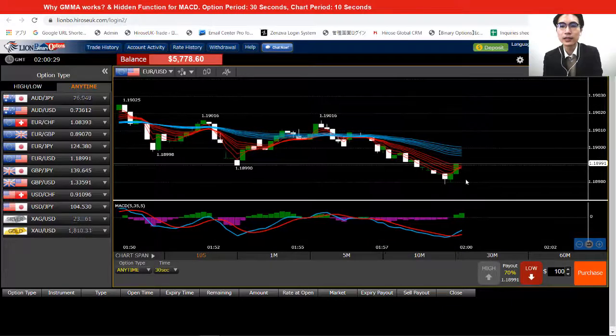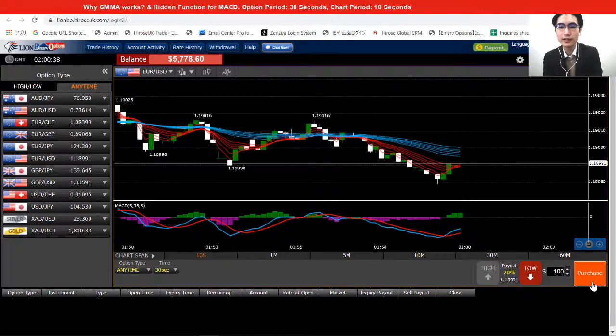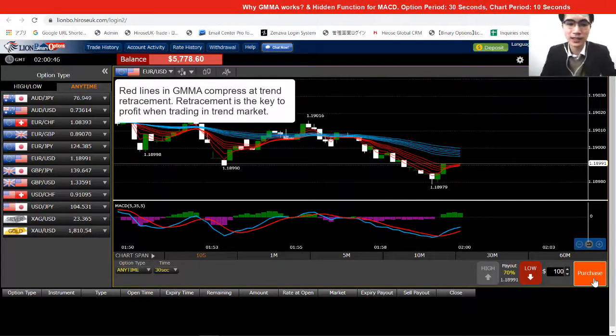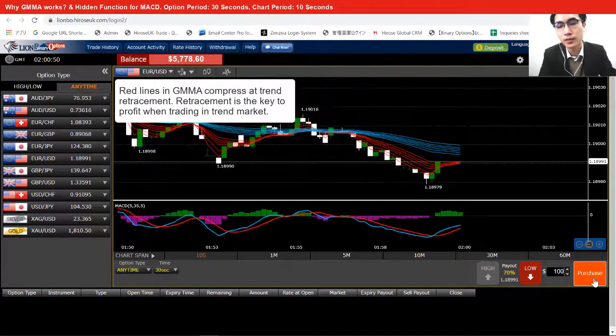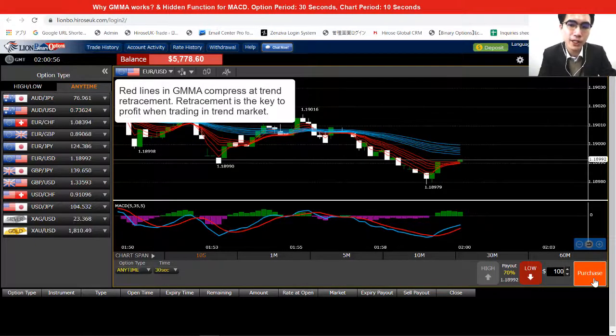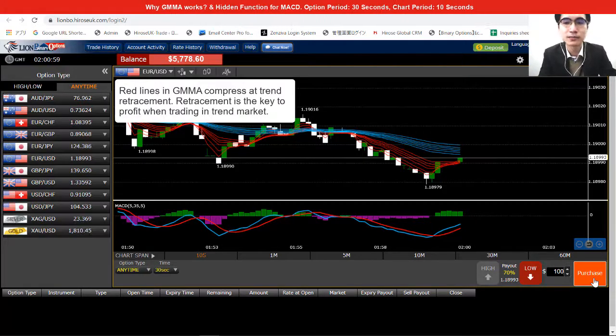So okay, another downtrend here. Why do the red lines compress and expand? Because in a trend market, the price goes up and down even though it's heading towards a particular direction. So here in a downtrend, when an upward movement changes to a downward movement, that is the moment I'm aiming for to open a position.